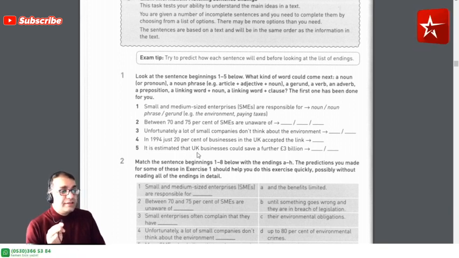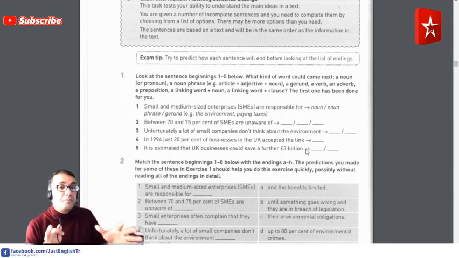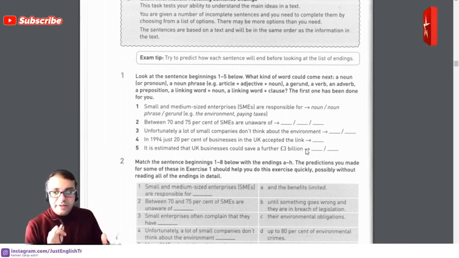It is estimated that UK business could save a further 3 billion what? How can we change it? For example, you need to add words. You are saving money here. So, saving money from what?